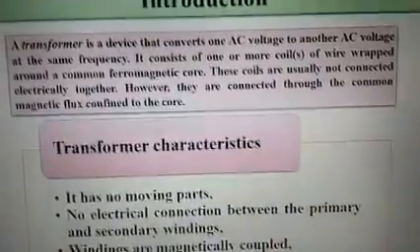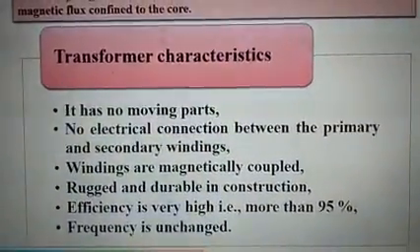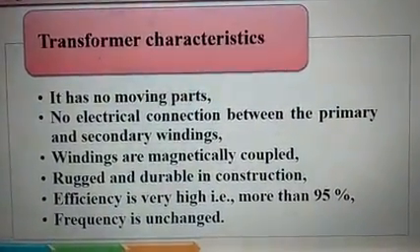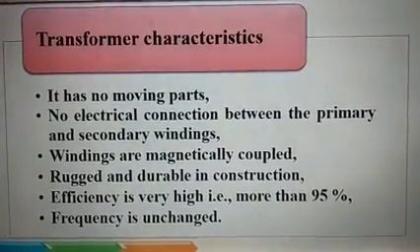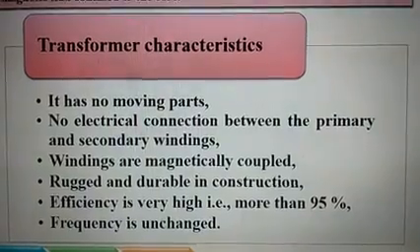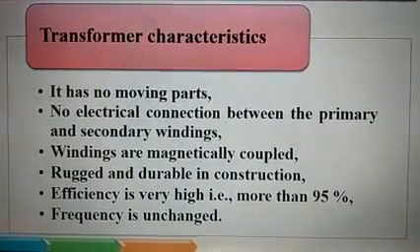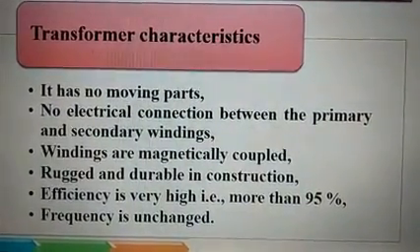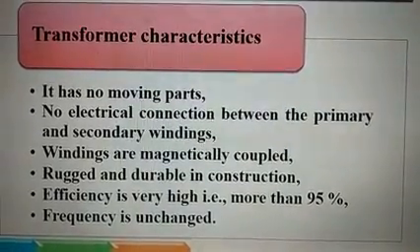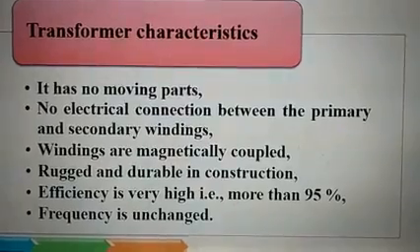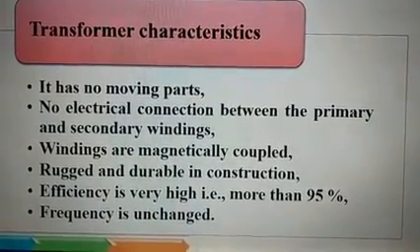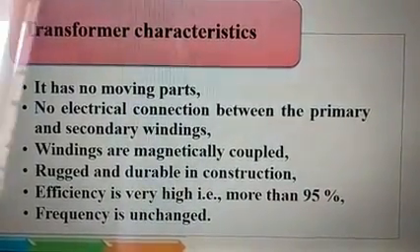Now, transformer characteristics. The main characteristic of a basic transformer is that it has no moving parts, meaning a transformer is a static device.